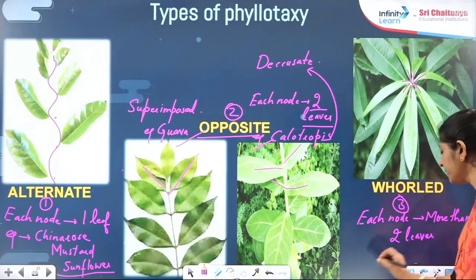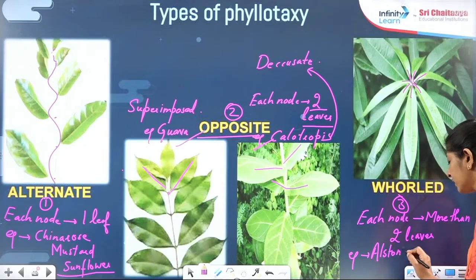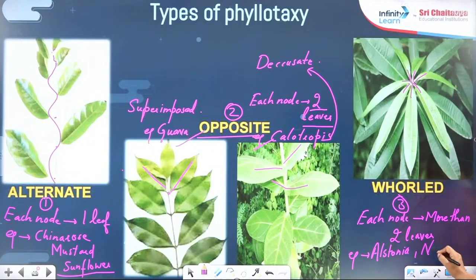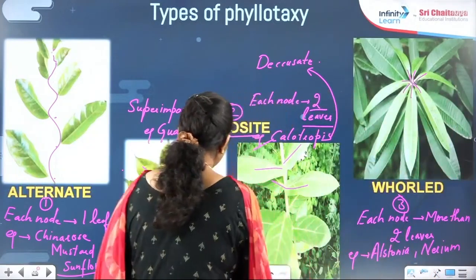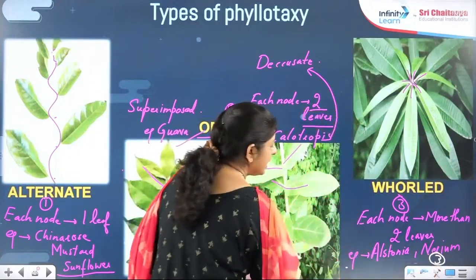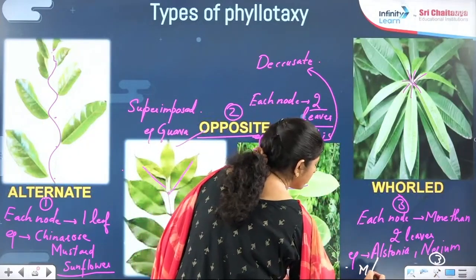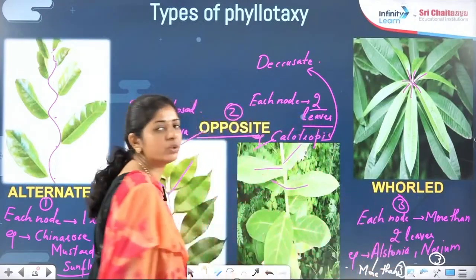Here the examples will be Alstonia, Nerium, very important examples. But the hidden thing here is what? Nerium, you should know, can have a maximum of 3 leaves at one node. Alstonia will have more than 3.